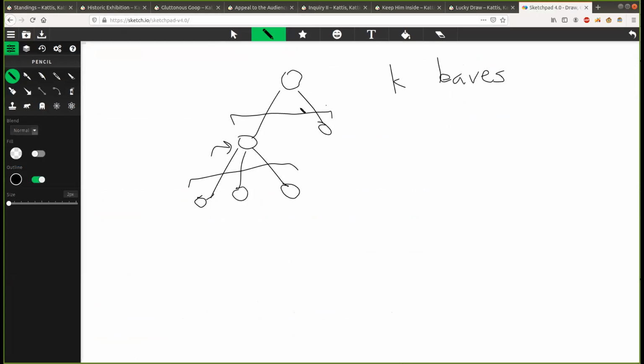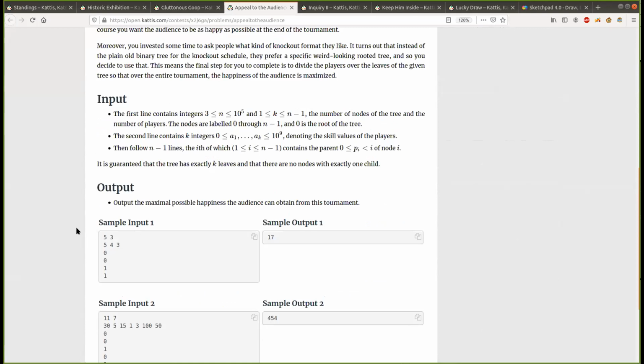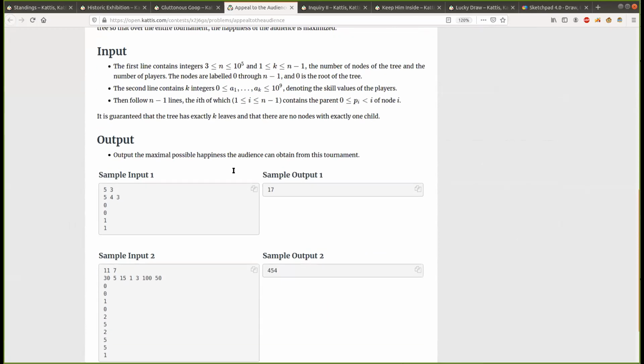I guess the tree needs to be binary, because two teams compete in a pair. I don't think it has to be binary. But then how do you interpret a node with two children?